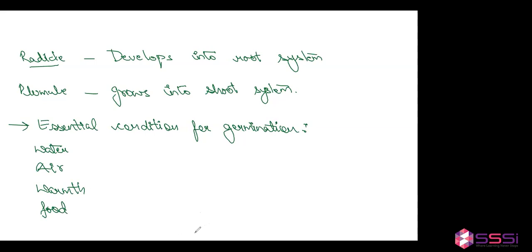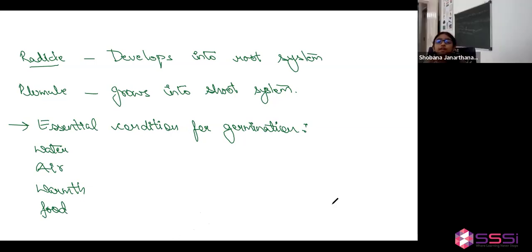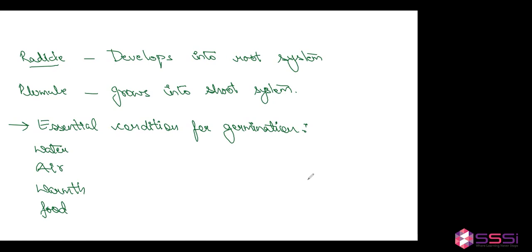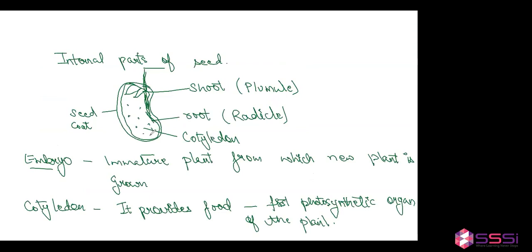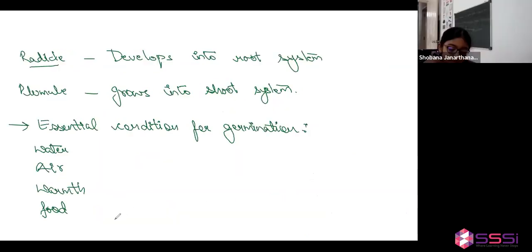Food is also required by the seed to grow. Before the leaves come, cotyledon only gives the food to the seed to grow, right? Okay. So the cotyledon is the first photosynthetic organ of the plant, right? So it makes the food for the seed to grow. Yes, ma'am.